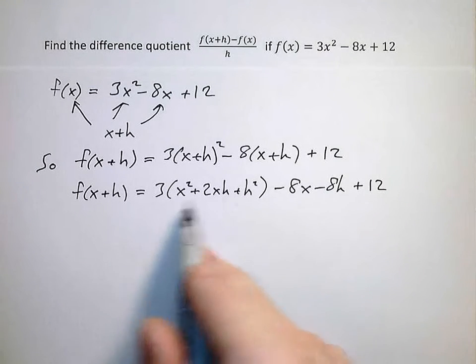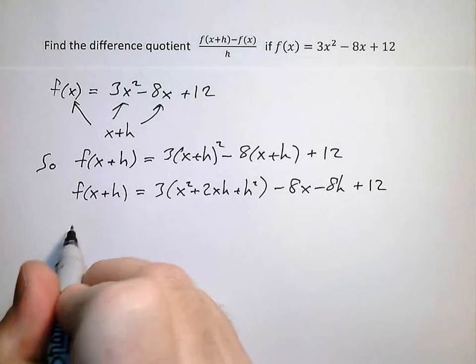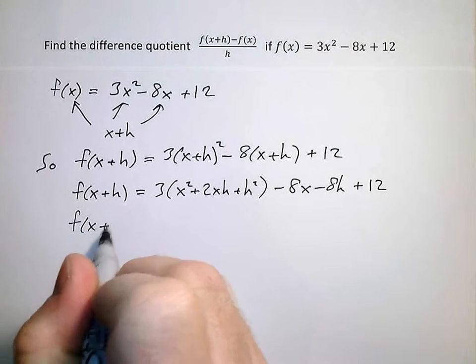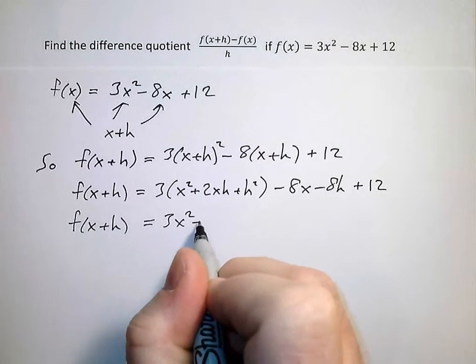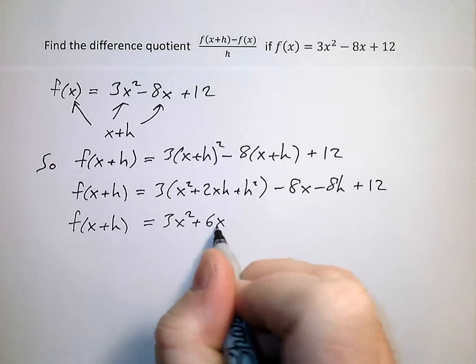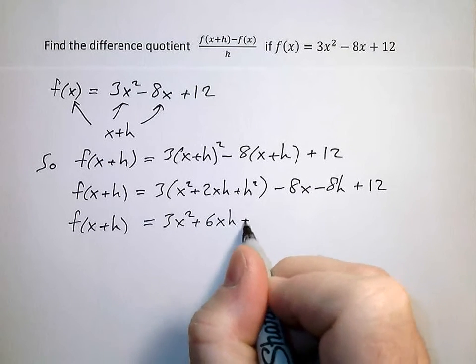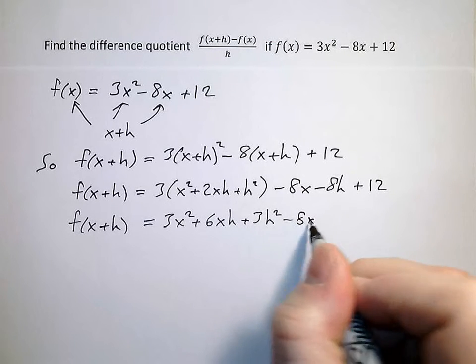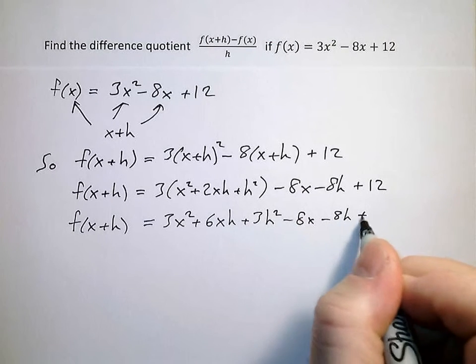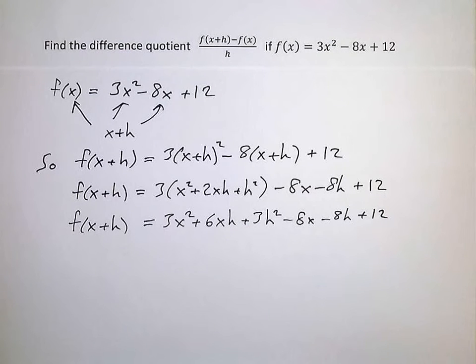And now I would distribute the 3 here. So I have my f of x plus h is 3x squared plus 6xh plus 3h squared minus 8x minus 8h plus 12.